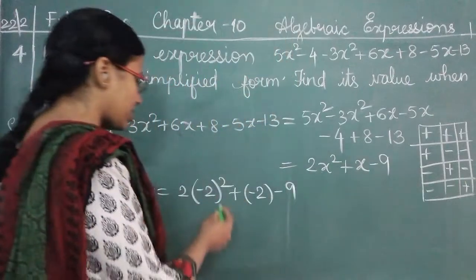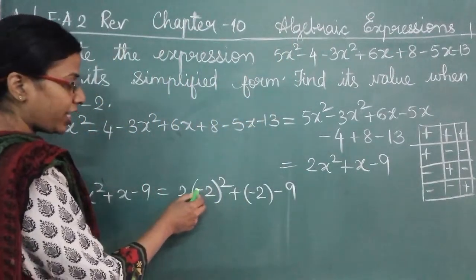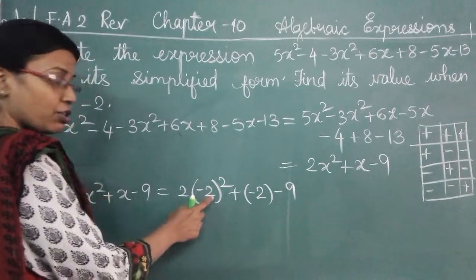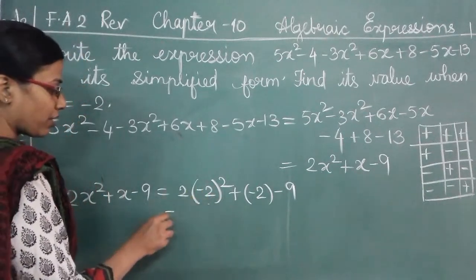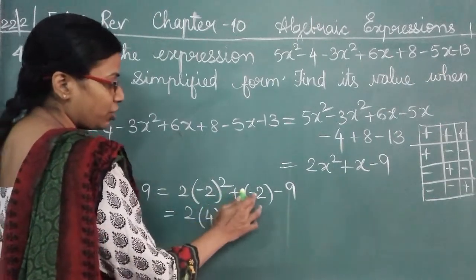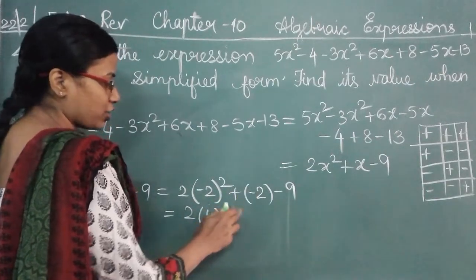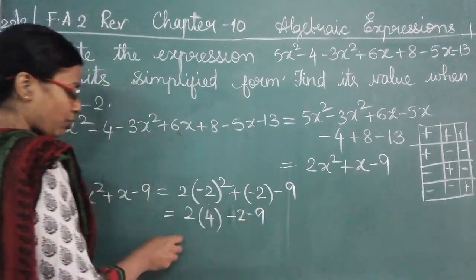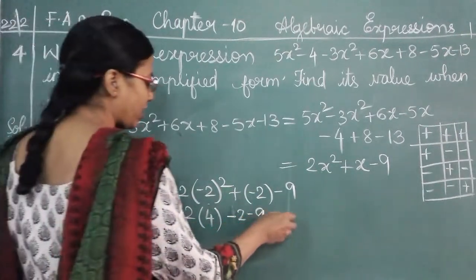So now let's look at this. Minus 2 into minus 2: minus and minus becomes plus. So 2 2s is 4. So 2 into 4 plus. Plus into minus is minus. One minus sign, so minus 2 minus 9. So this is equal to 4 2s are 8.